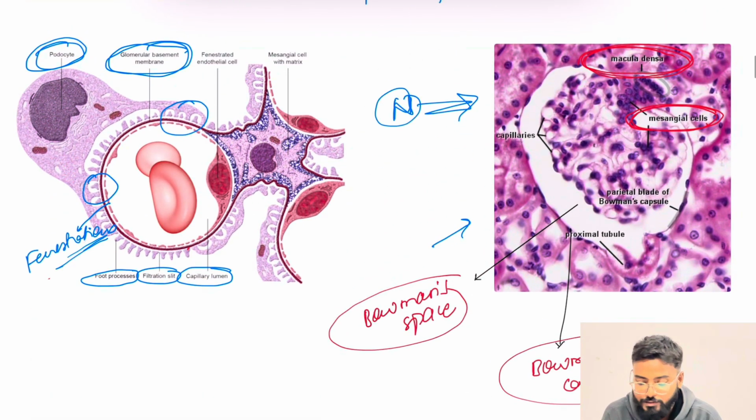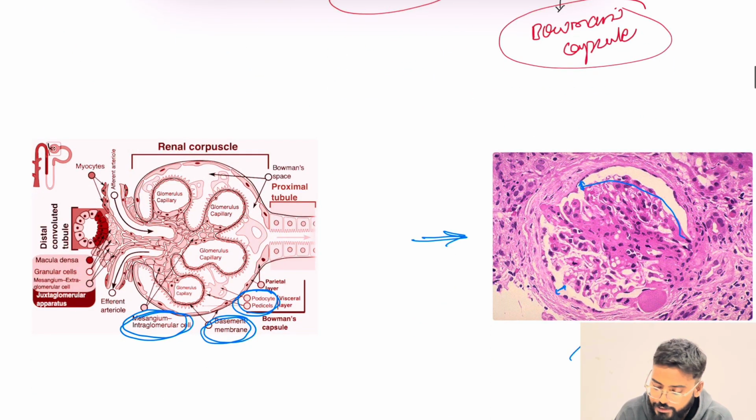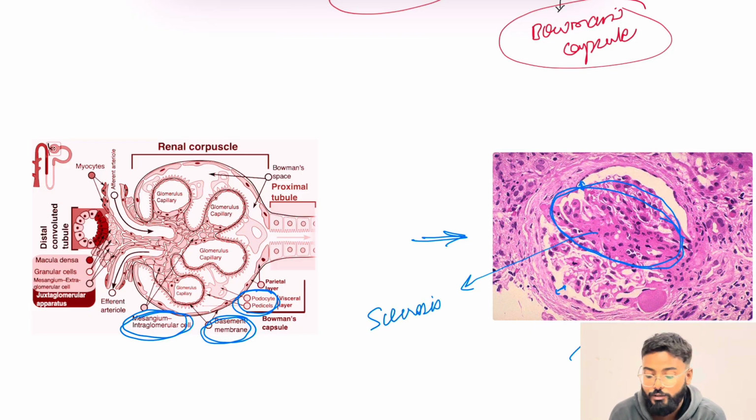Here, all this the glomerulus and the surrounding structures are looking uniform, but here can you appreciate this area? This is the sclerosis of Bowman's capsule. This is how the sclerosis is going to appear in histopathological picture.